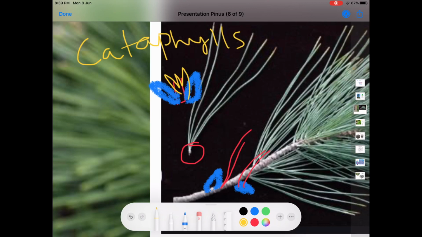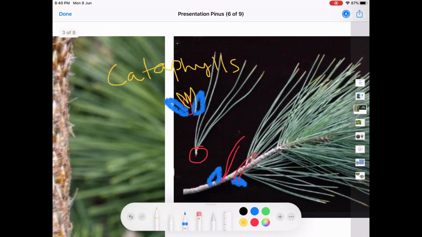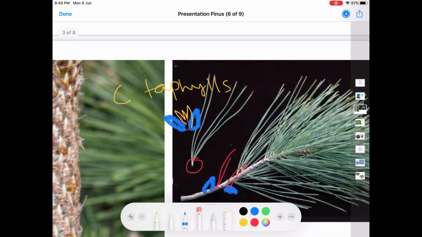Finally, the dwarf shoot carries 1 to 5 needle-like leaves. See, these are the leaves. It will be 1 to 5 in number. This is the structure of dwarf shoot.